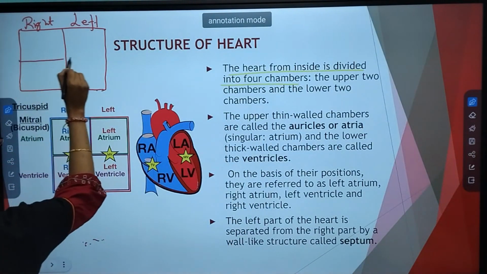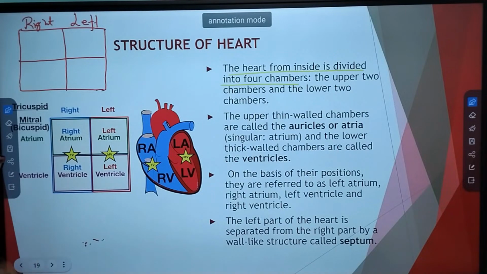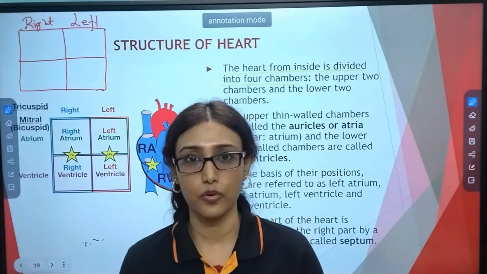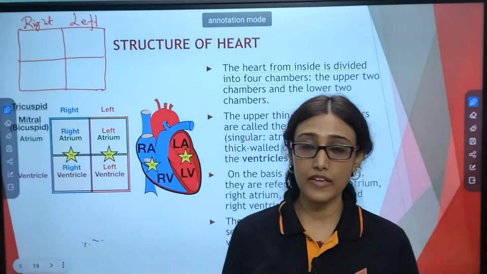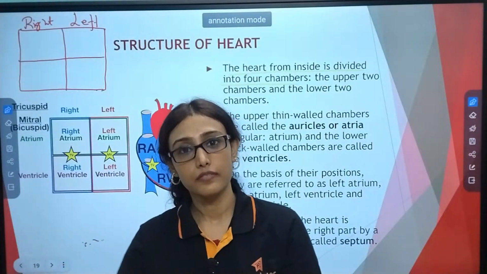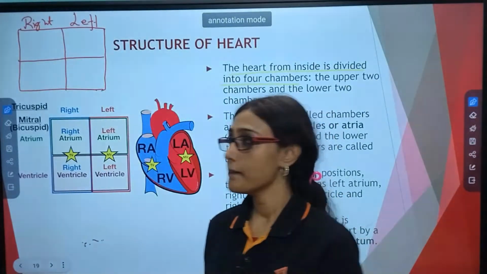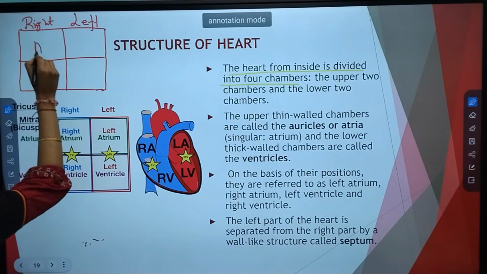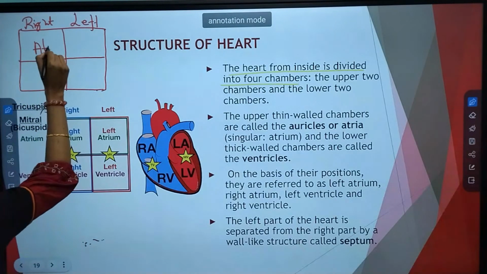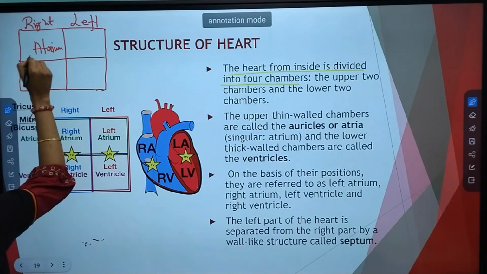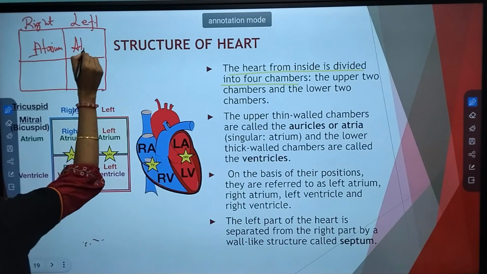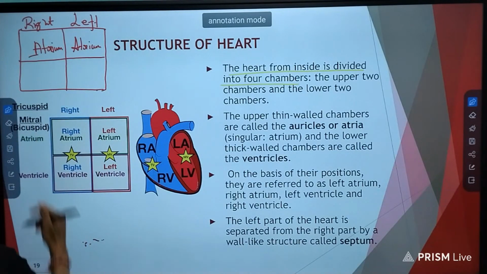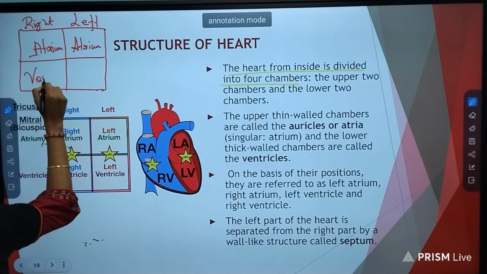Now I am dividing again from the middle. Just tell me, does A come before or V come before? A comes before, V comes after. So just remember, the upper one is atrium, which begins with A. This is also atrium, and V comes after A, so this is ventricle.